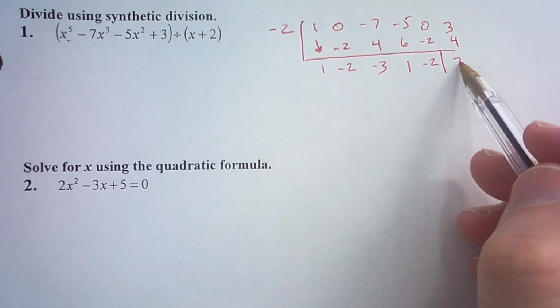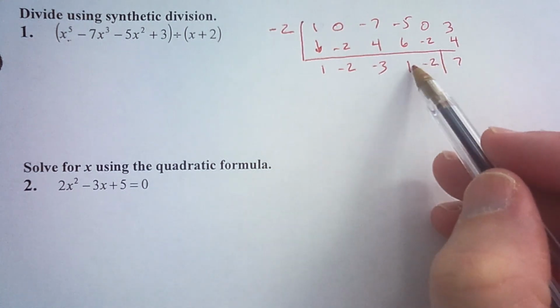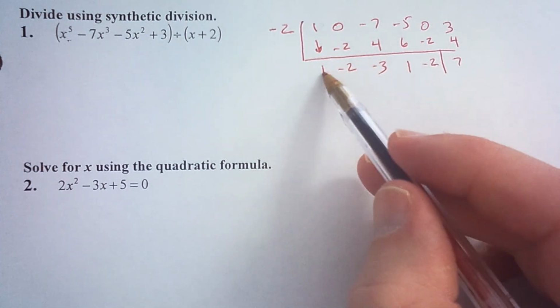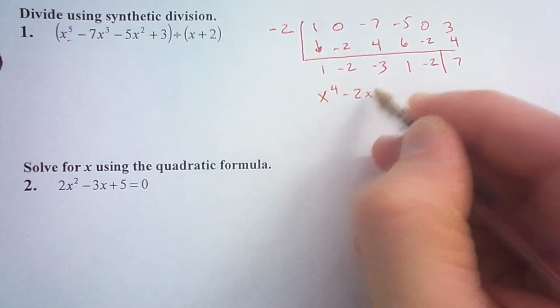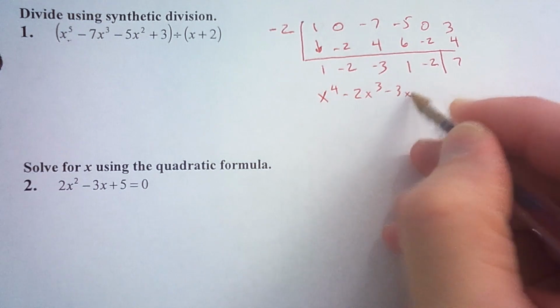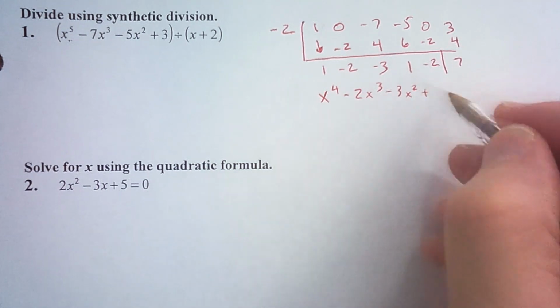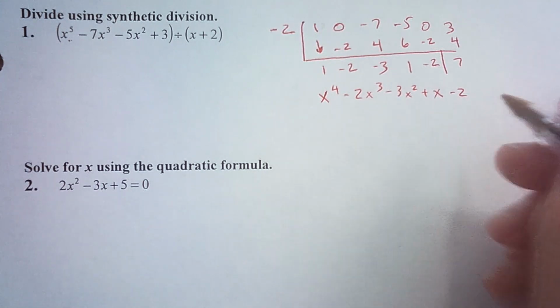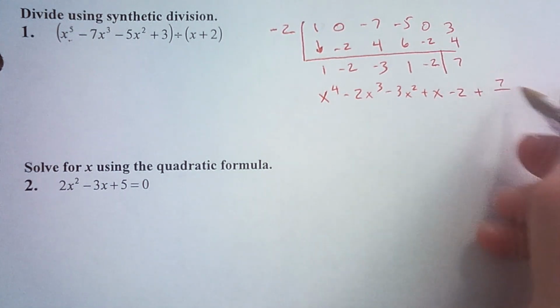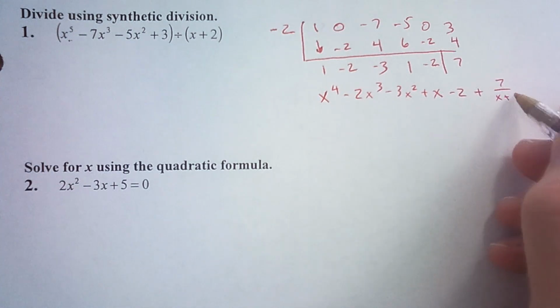So here's my remainder, and I have a constant term, x, x squared, x cubed, and x to the 4th. So I have 1x to the 4th minus 2x cubed minus 3x squared plus 1x minus 2, and then I have a remainder of 7, so that's plus 7 over x plus 2.